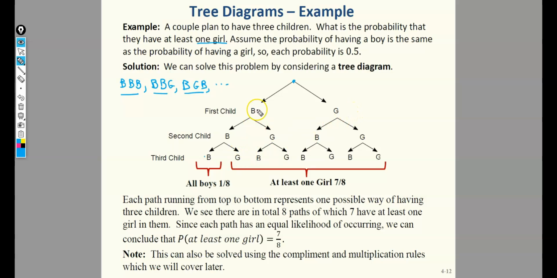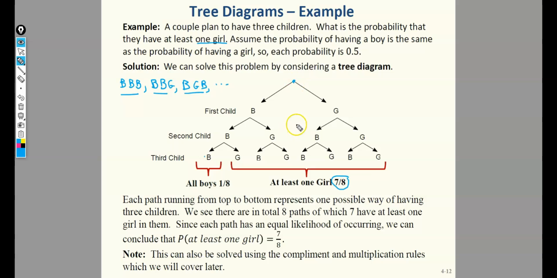And if we look at the paths, we see that 7 out of the 8 paths have the outcome of having at least one girl. Notice, like with this path right here, there's a boy, boy, girl. And with another path, we have a boy, girl, boy, and boy, girl, girl, and so on. And there's only one path where you don't have any girls, and that would be the first one over here, boy, boy, boy.